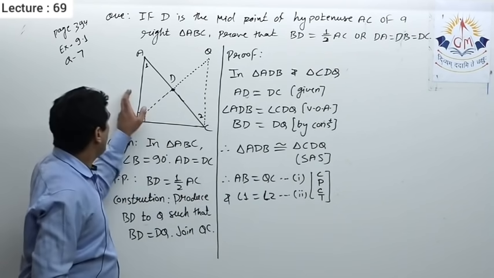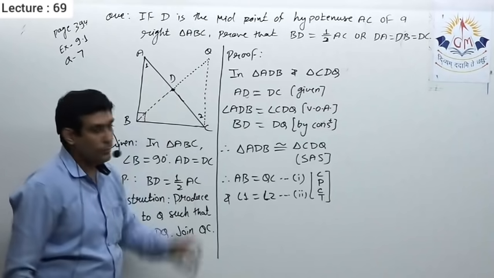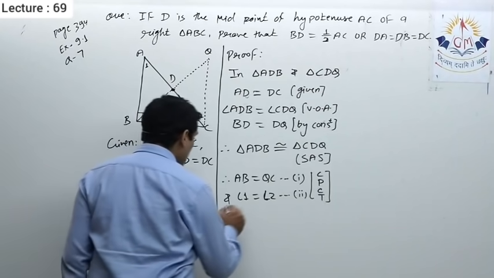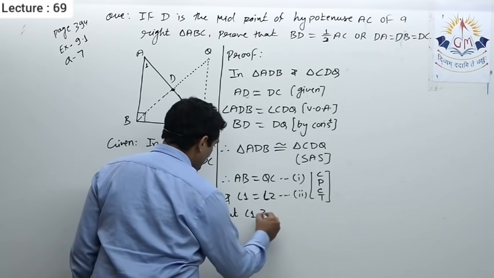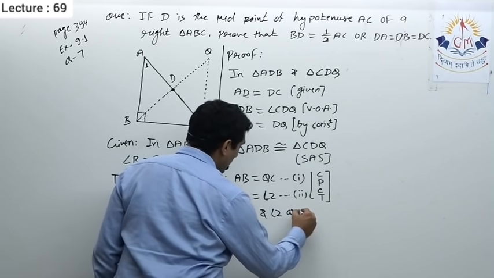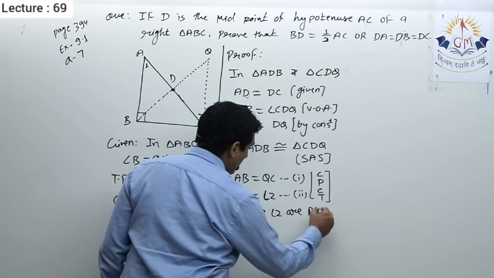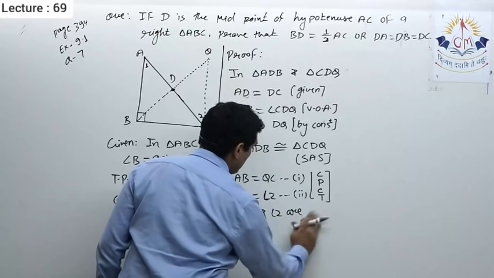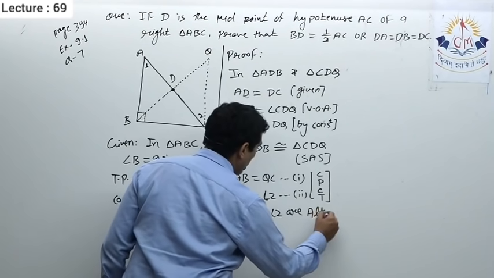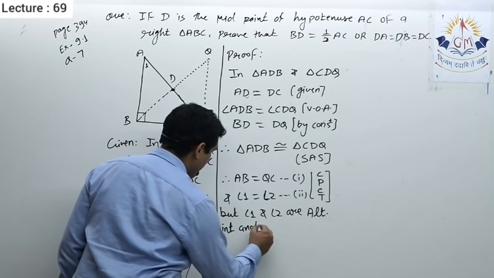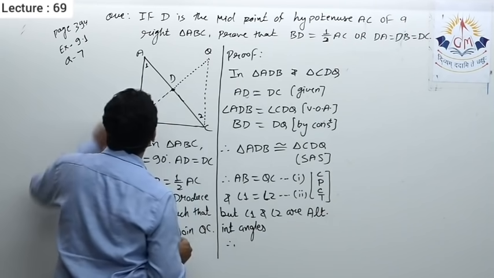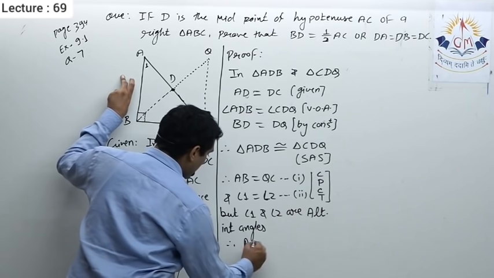Okay, AB equal to QC and angle 1 equal to angle 2, but angle 1 and 2 are alternate interior angles, therefore AB parallel to QC.